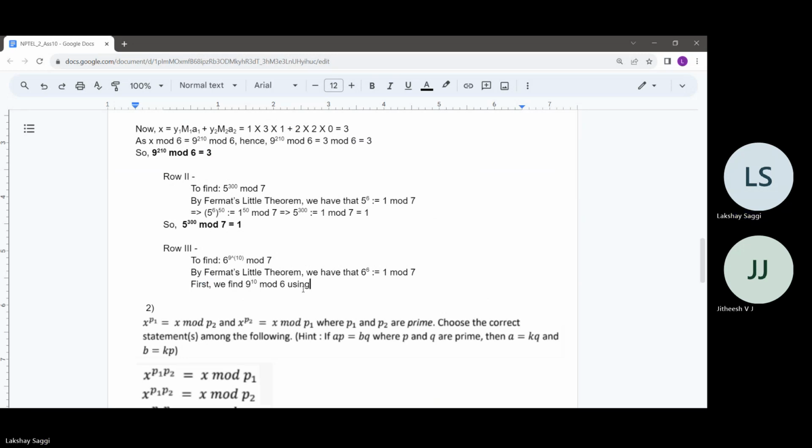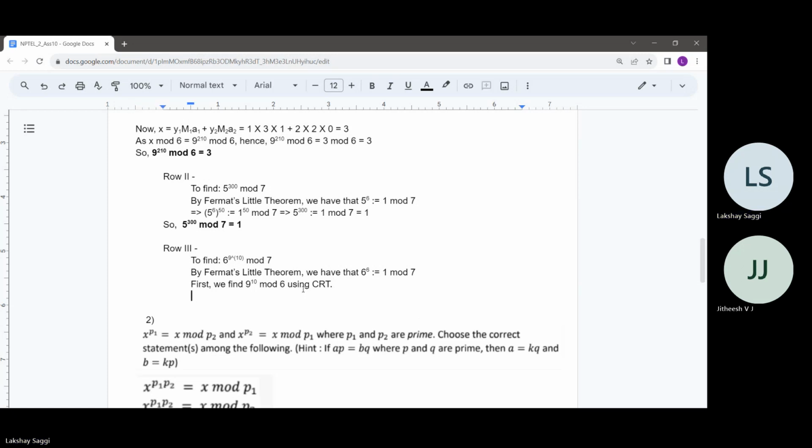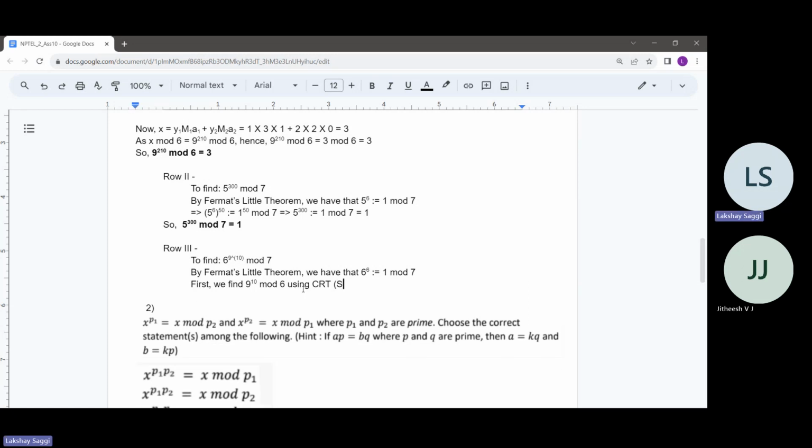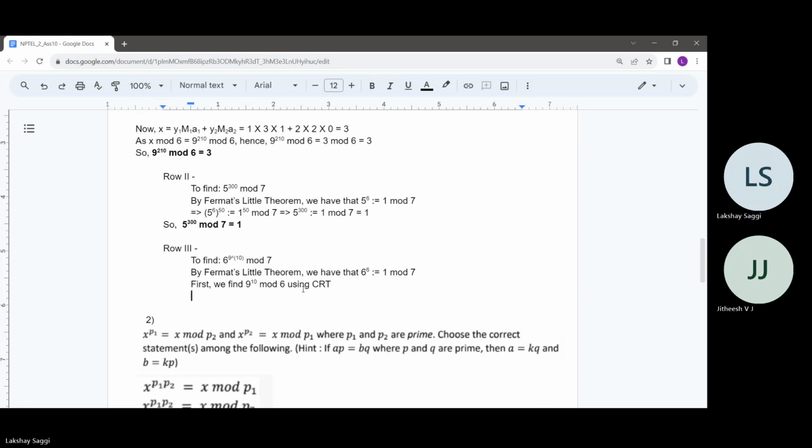So using CRT, similar to what was done in row 1, we get that 9 raised to the power 10 mod 6 is equal to 3.